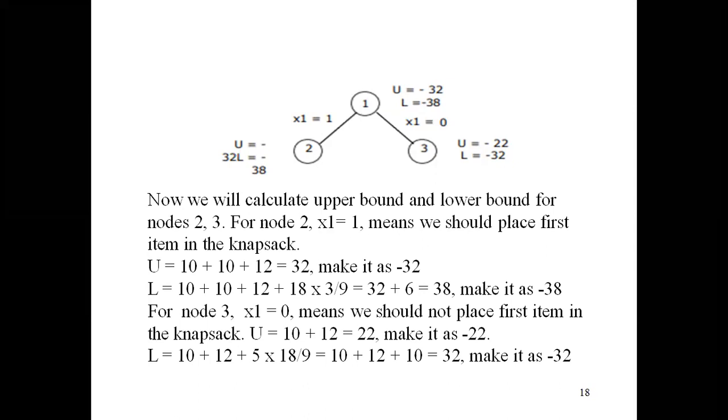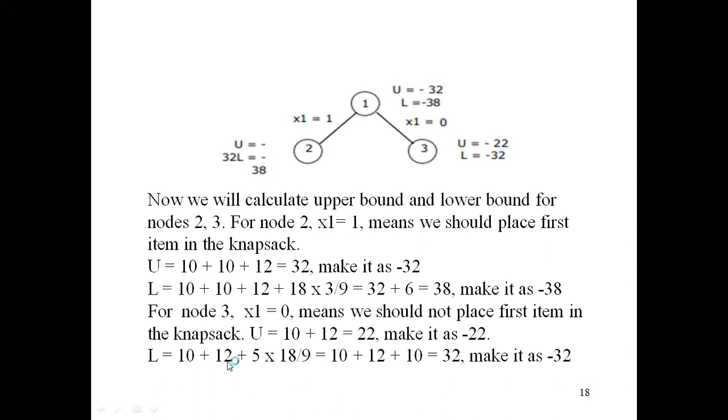In calculating the upper bound, we have not considered the first item, so we need to consider the second item and third item. The profits of the second item and third item are 10 and 12. So 10 plus 12 is equal to 22. Make it minus 22, since we are taking the negative value, since we are converting the maximum to minimum.